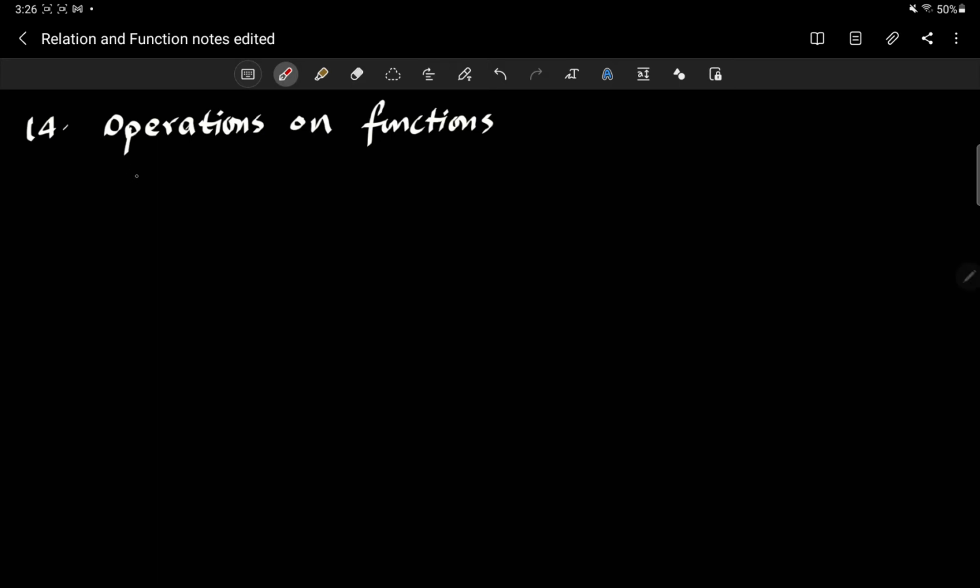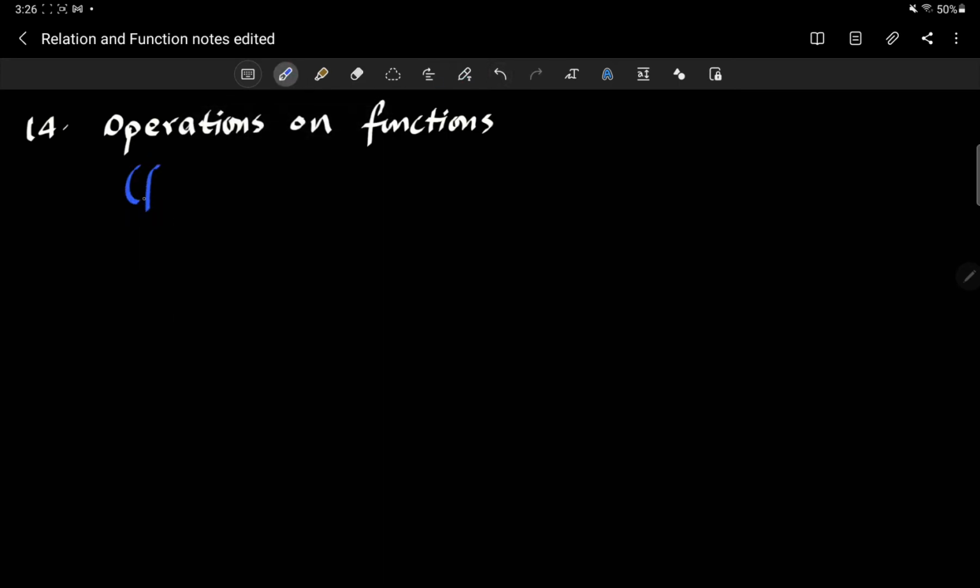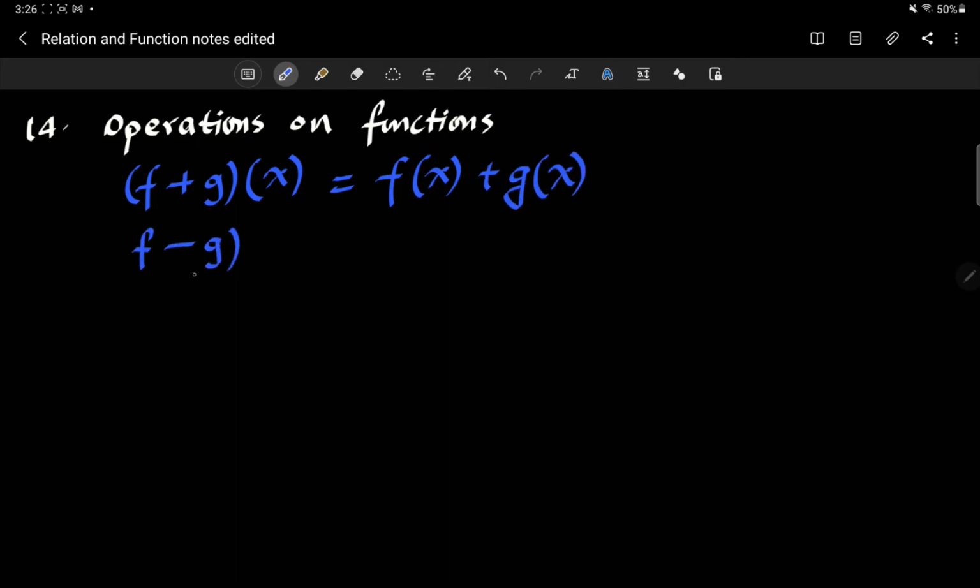Meaning that the sum of functions acting on x is the same as the sum of the function values. Similarly, the difference of functions is the same as the difference of function values.